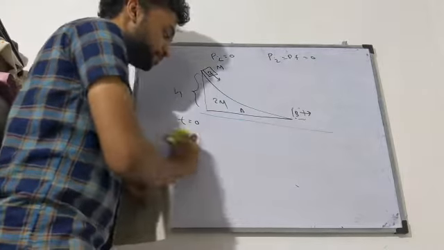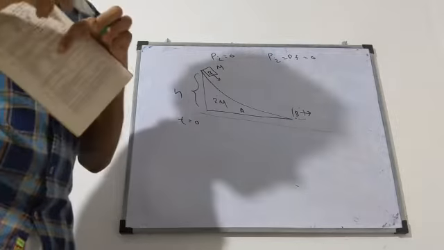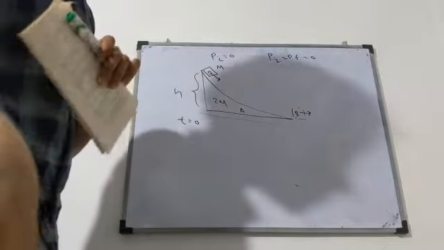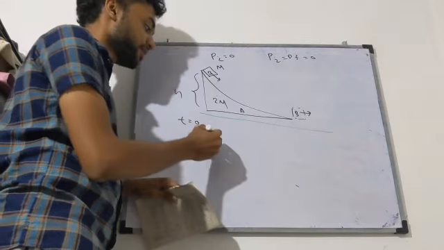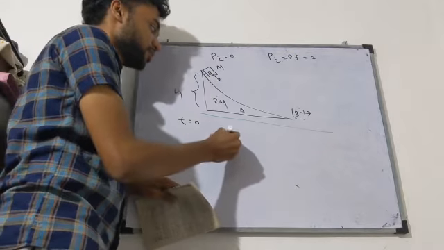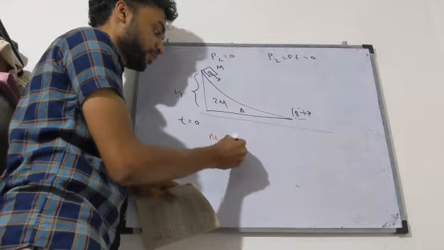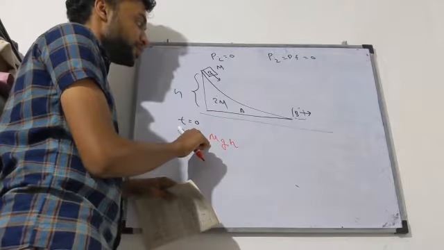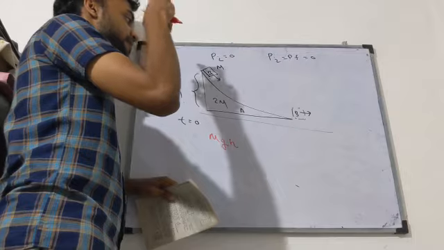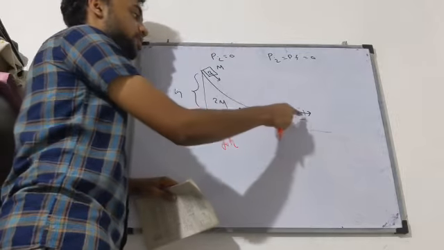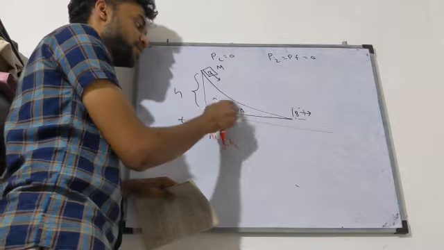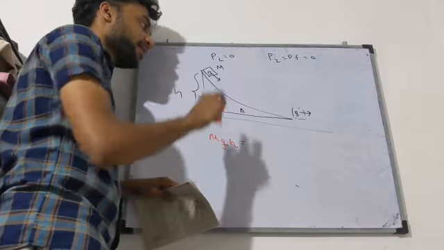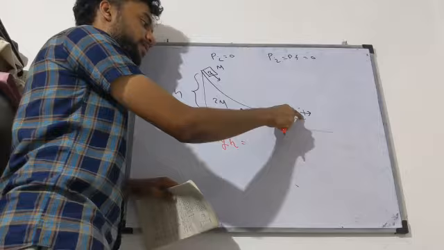Right, then, what we can say is this. What's the potential energy here? mgh. This potential energy mgh is released as kinetic energy of object B and object A. What is the kinetic energy of object B?